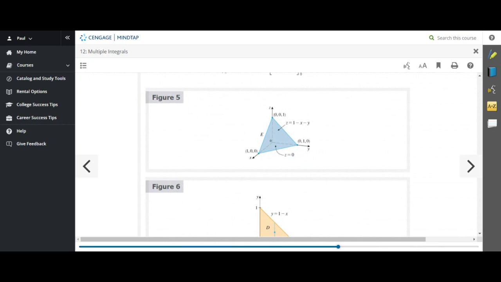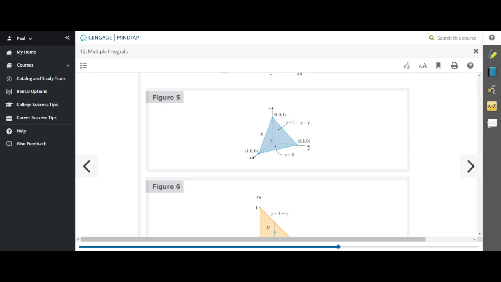So you see how the solid is bounded below by the plane z equals 0, on the left by the plane y equals 0, and then it's bounded on the back by the plane x equals 0. And then there's that z equals 1 minus x minus y. So that's what that solid looks like.